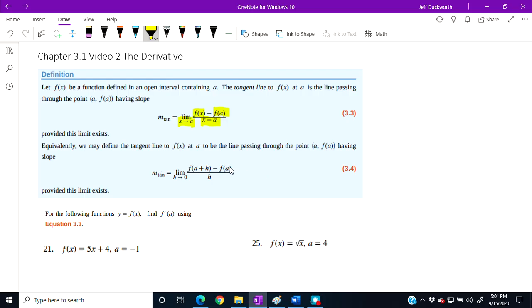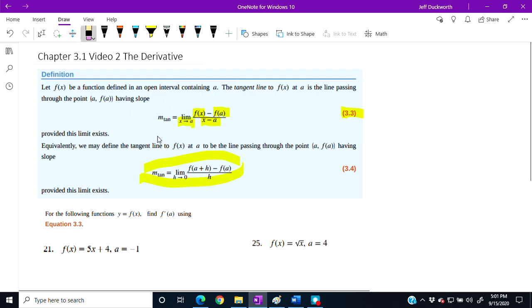The one below here, that's the traditional form of what a derivative is, only instead of using a, we use x. But at any rate, the questions for your homework involved using 3.3, which is the above formula anyway.